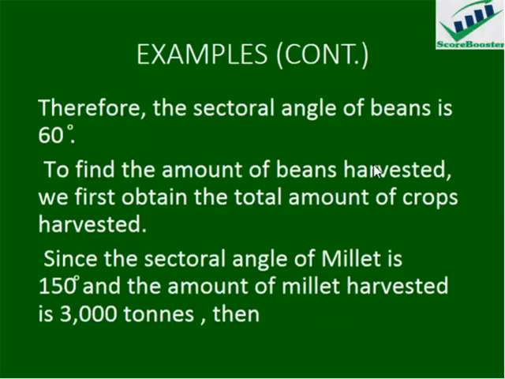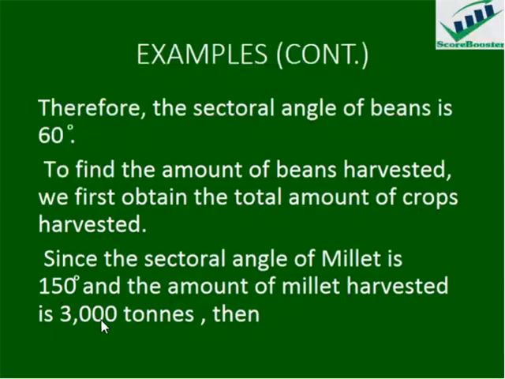But we don't know the total amount of crops harvested. So we must find the amount of beans harvested, we first obtain the total amount of crops harvested. And you know, in the question, we were given the amount of millet harvested in that particular year, and we know its sectoral angle.